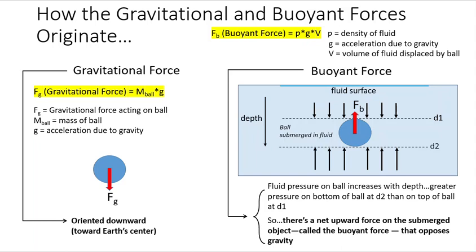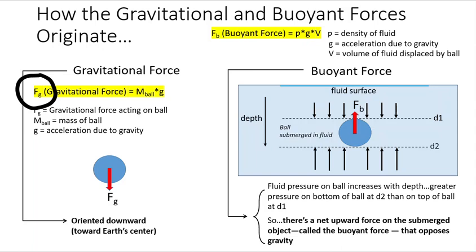Okay, well, over on the left is the main equation for the gravitational force. The gravitational force can be abbreviated by the letter F and then a small subscript G just to the right of the F. So we would say F sub G. That's the gravitational force. And in this case, it's the gravitational force on a theoretical ball. So we have a ball, and what's the gravitational force acting on that ball near Earth's surface?